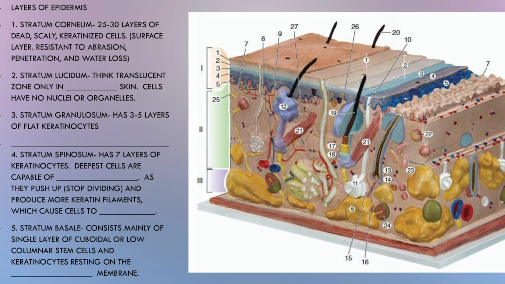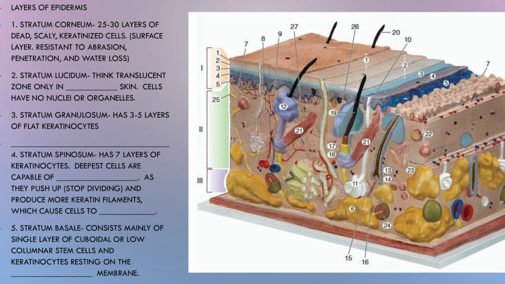Number 4 is going to be stratum spinosum, also known as spinosum. This layer is about 8 to 10 layers of keratinocytes. The deeper cells in this layer are actually capable of mitosis. And remember, mitosis is a process where you can make new body cells, where one cell will become another cell. Don't confuse mitosis with meiosis.